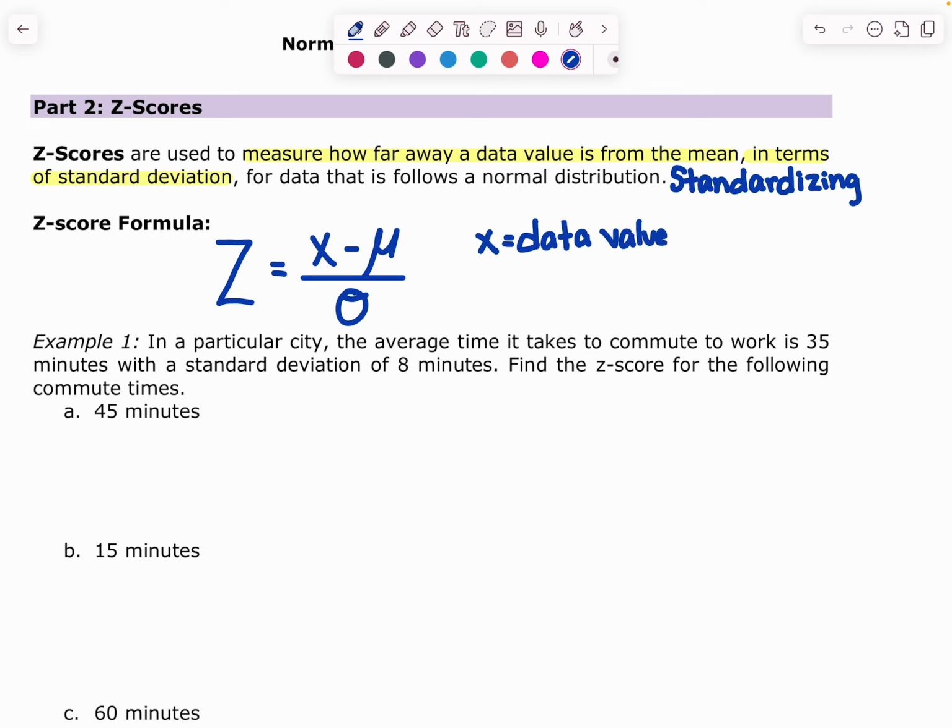So this could be any data value, any number within the population. Mu is the population mean. And sigma is the population standard deviation.